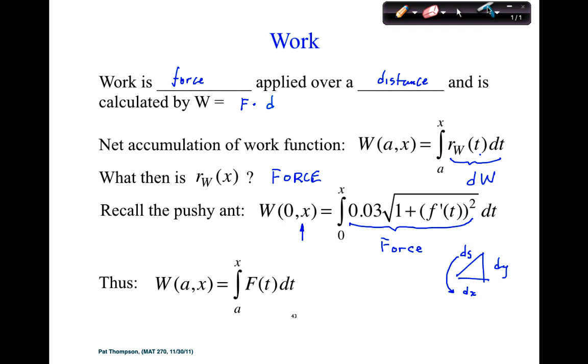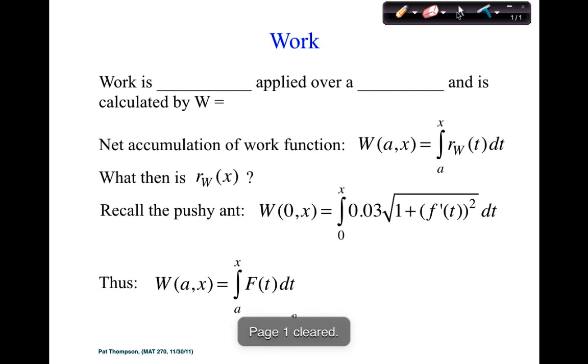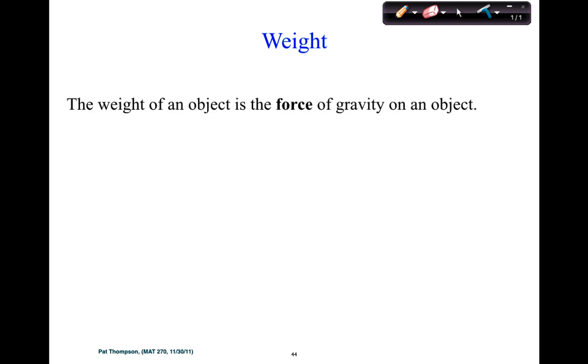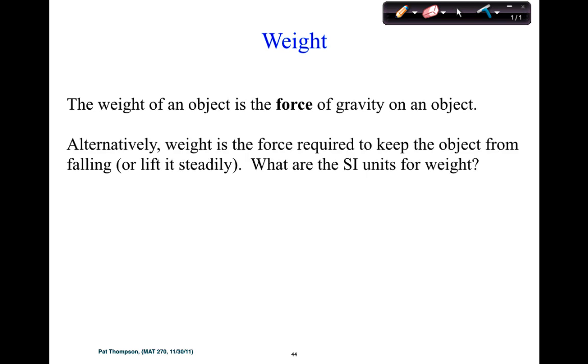All right. So what is weight? Weight is force, right? So weight is a specific kind of force. It's the force of gravity on an object. So the weight of an object is the force of gravity on it, or the force required to keep it from falling, or to raise it steadily.